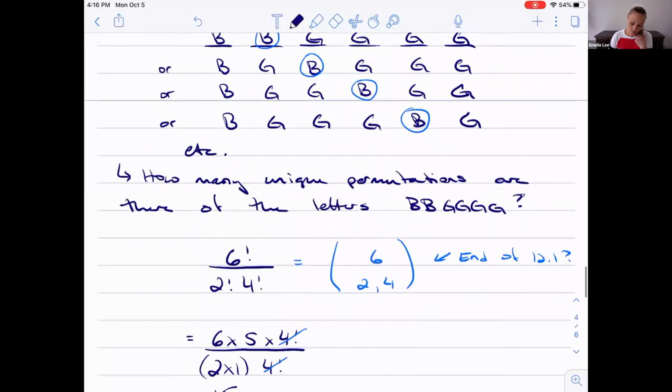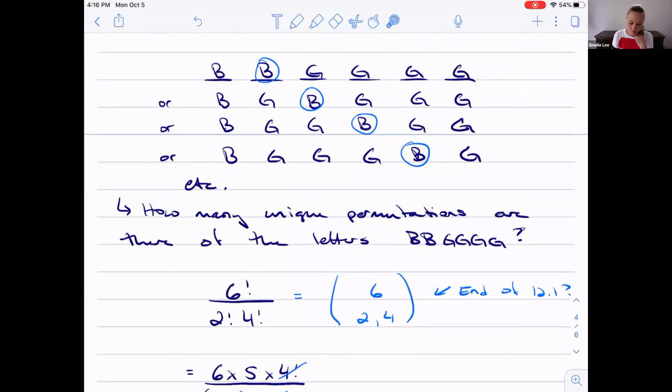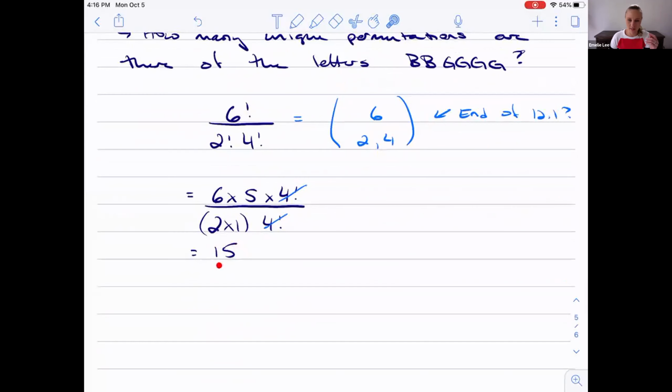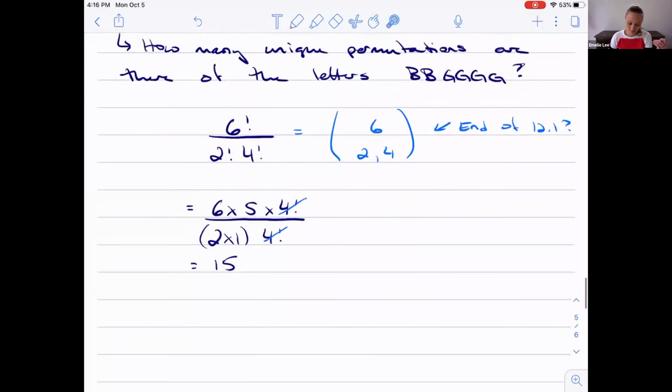So we could move the B's around in the G's, and what we would end up with is 15 different unique outcomes.